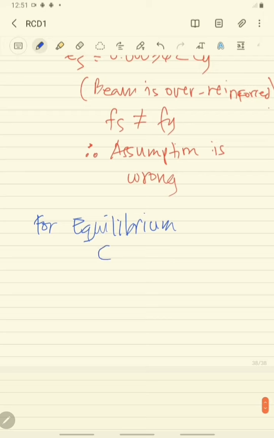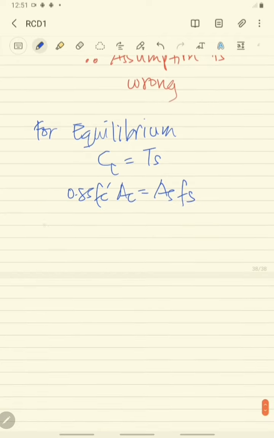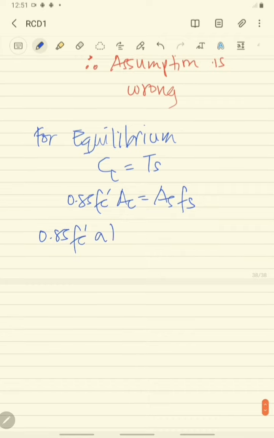The compressive force of the concrete is equal to the tensile force of the steel. So we have 0.85 Fc prime Ac equal to As times Fs. Here we have 0.85 Fc prime, and the area of concrete is the depth of the compression block times the width, which is equal to the area of steel.